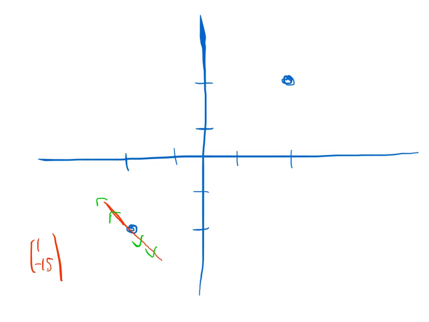The other line, which I wrote down as 2.5, looks something like this. We go over by 1 and up by 2, so it's a little steeper in that direction. That was the stable direction, so the arrows are going into the fixed point.